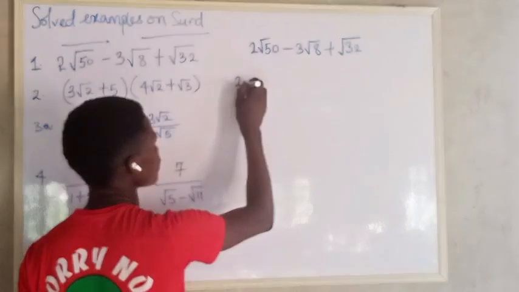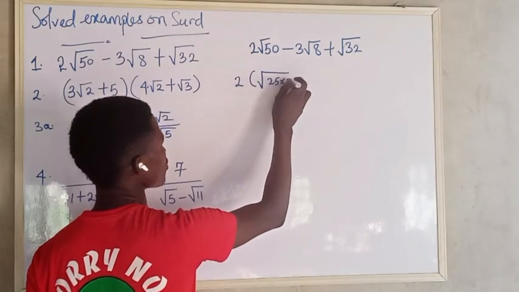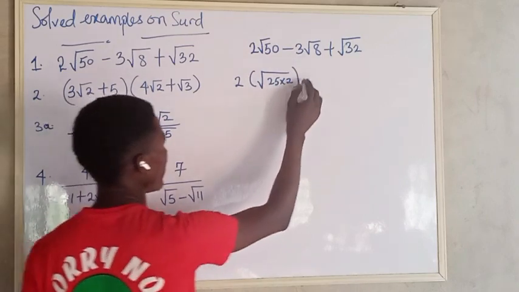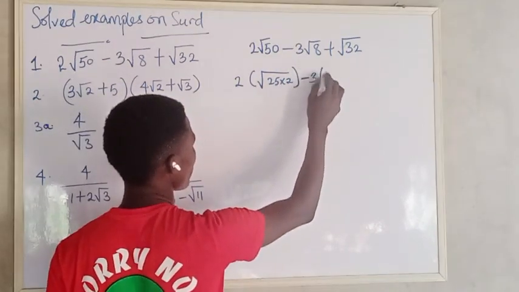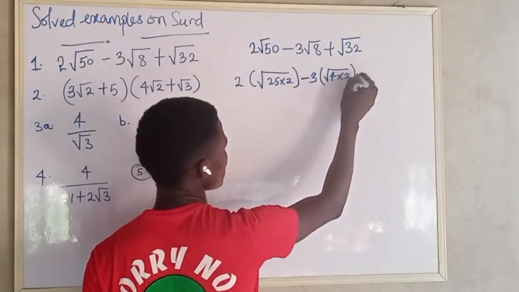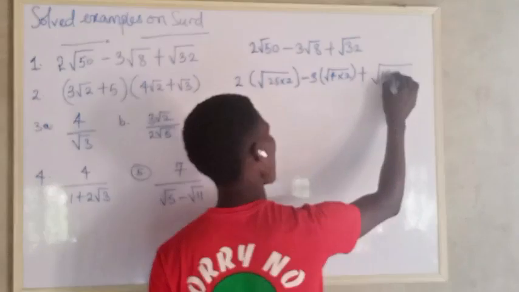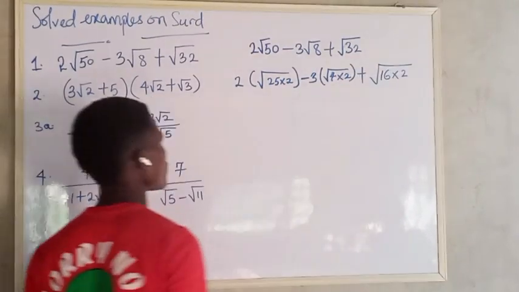So I can see this to be 2 open brackets root 25 times 2 will give us 50, right? Minus 3 open brackets root of 4 times 2 will give me 8, plus square root of 16 multiplied by 2 will give me 32 also.